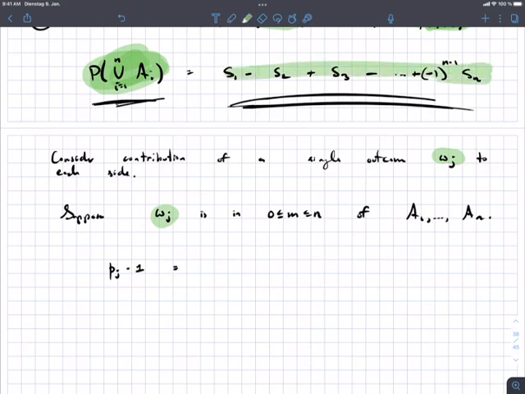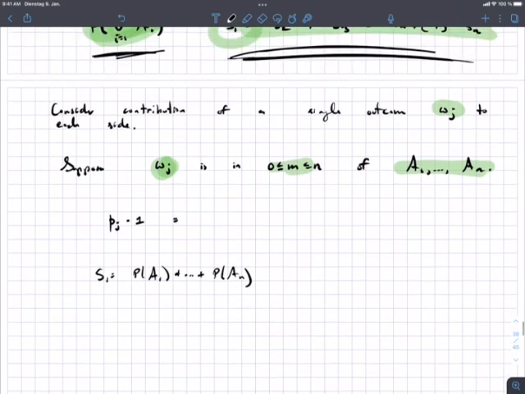On this side, if I count up what I'm going to get, if omega j is in exactly m of these, then from S1, remember S1 is the sum of these individual probabilities.